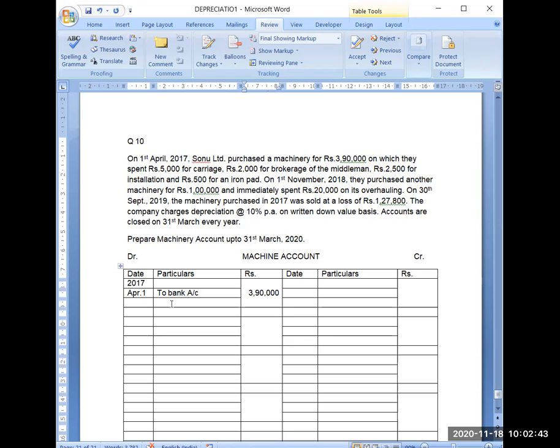Then we have incurred certain expenses. For that also we will make the same entry, because these are the expenditures incurred on any fixed asset, and that's why it will become part of the cost of the fixed asset. So now the combined expenditure has been done 5,000 plus 2,000 7,000 plus 2,500 9,500 and plus 500. It will be total 10,000.